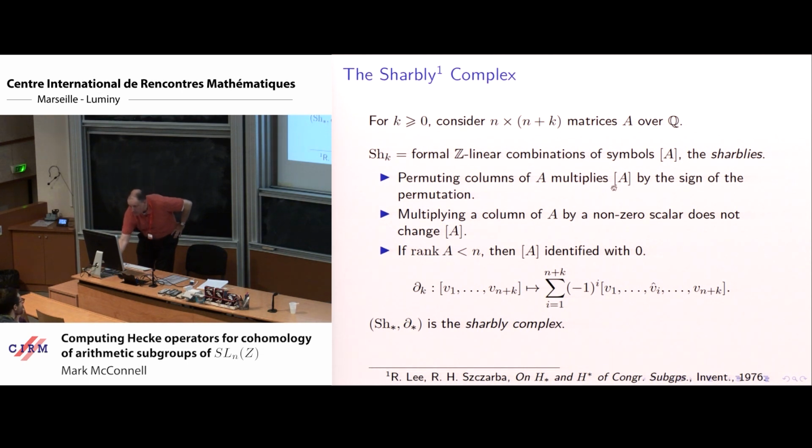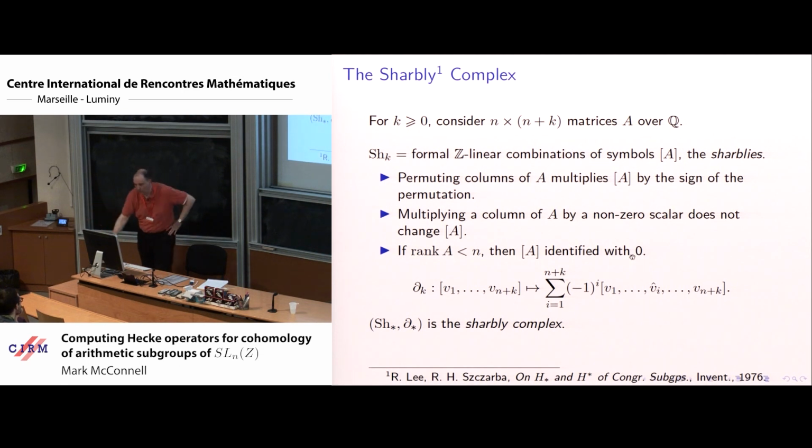The symbols obey certain rules that are reminiscent of cell complexes. Permuting two columns multiplies the sign by -1. Multiplying a single column of A by a non-zero scalar doesn't change the symbol. You should actually think of the columns as lying in the projective space P^(n-1) of Q. And finally, I'm not going into the details here, but if A has rank less than n, we simply identify it with 0.